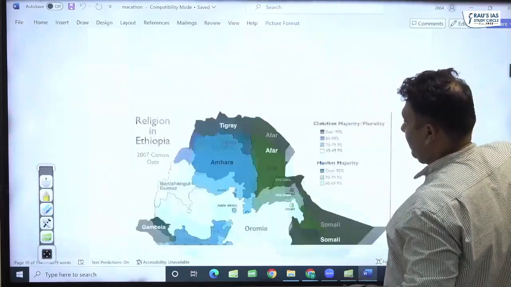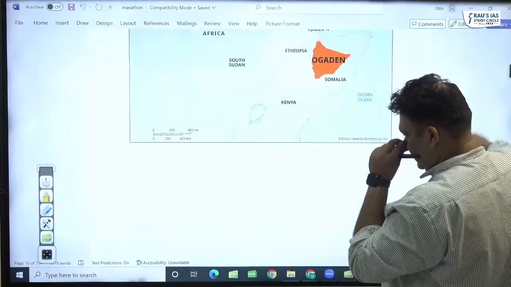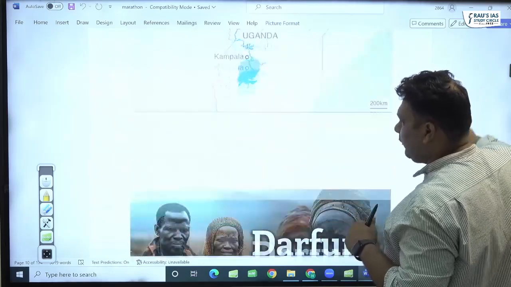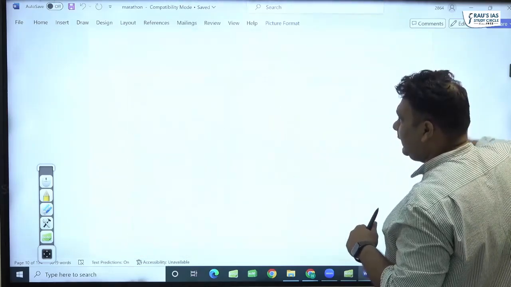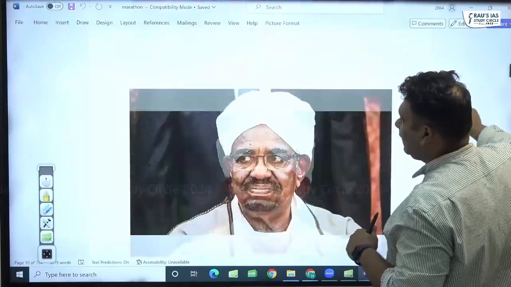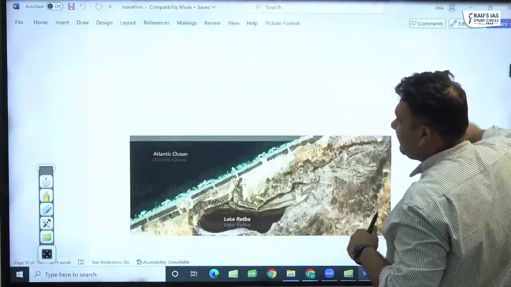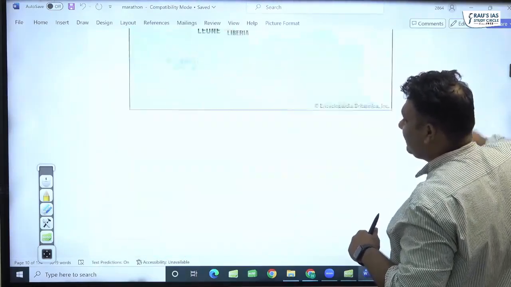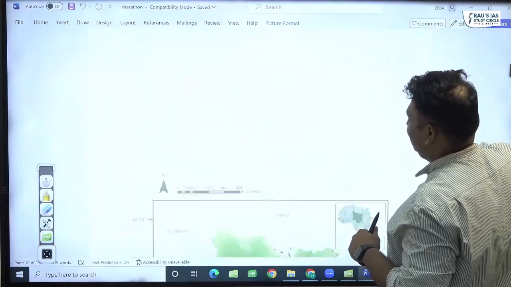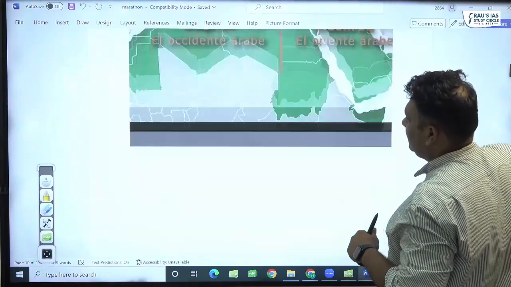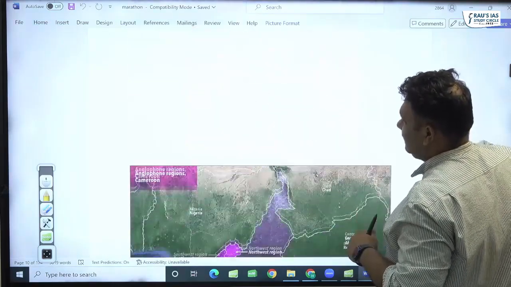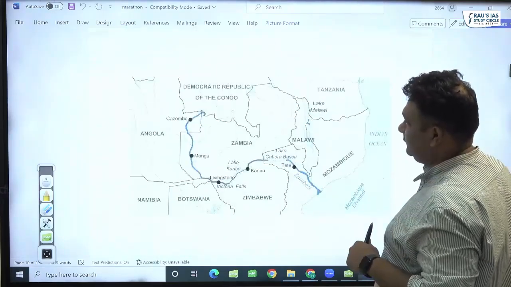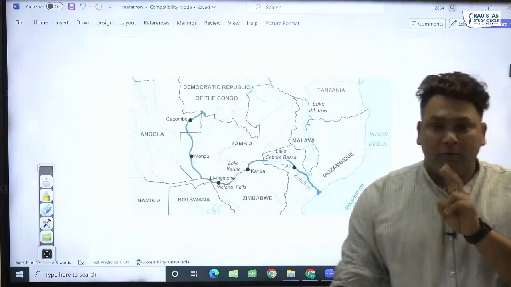Next is the Zambezi River. Again, two or three locations along the Zambezi are very important. Write down: fourth longest river of Africa.